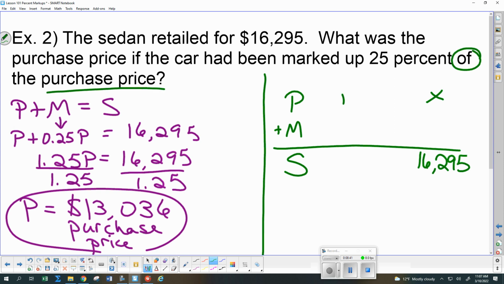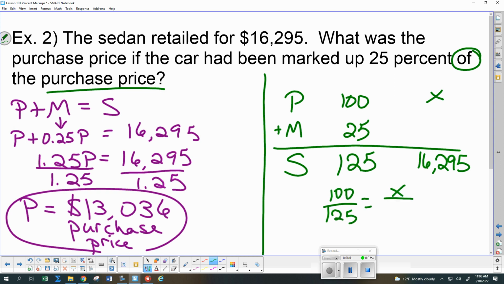So we have to put 100 on the purchase, and then 25, and then 125, top and bottom rows, 100 over 125 equals X over 16,295. And if we multiply both sides by the 16,295, we end up with the same answer. Yes, Jonas?